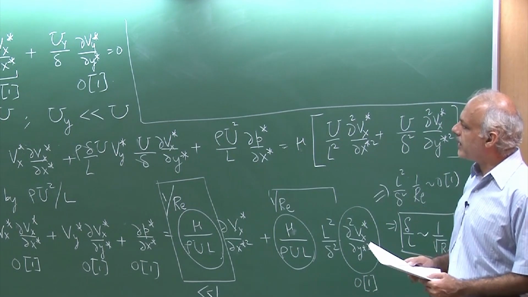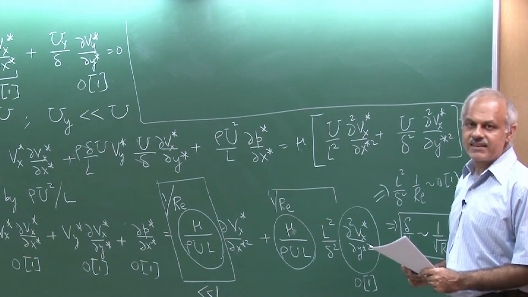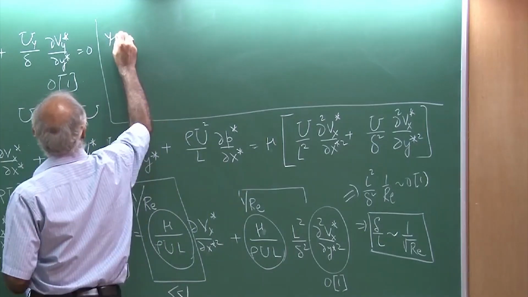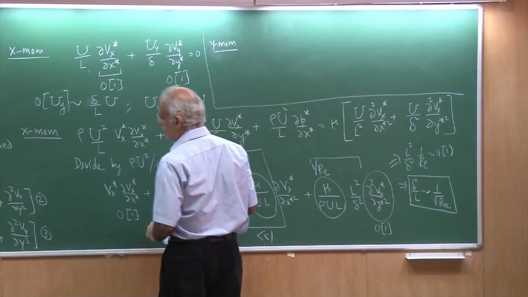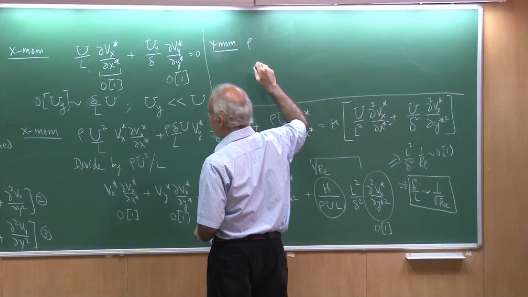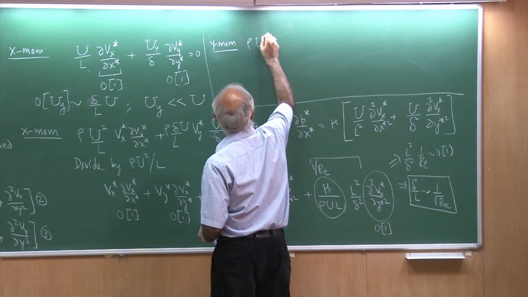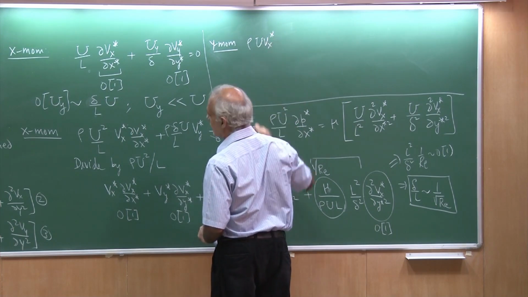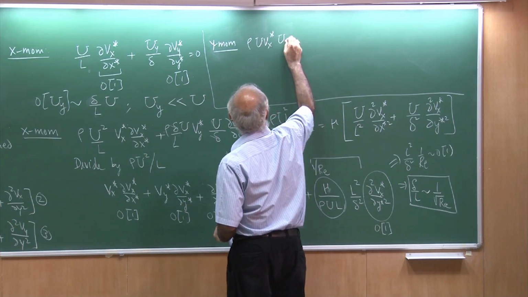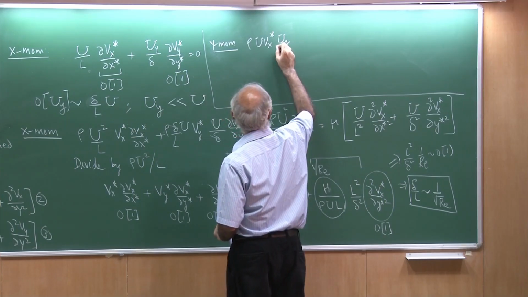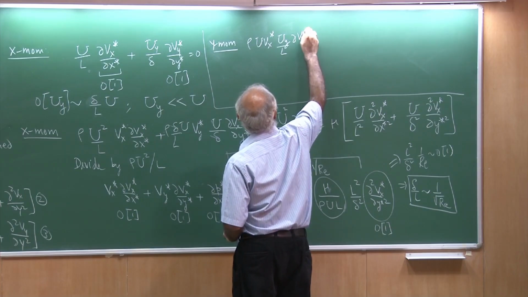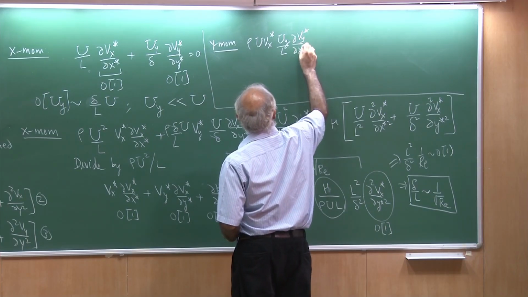Let's now work with the y momentum equation. It will be exactly the same thing. We'll take the dimensional form and then non-dimensionalize it. So the first term there is rho times Vx. For that I am going to write down u times Vx star. And for the Vy, it is Uy by L del Vy star by del x star.